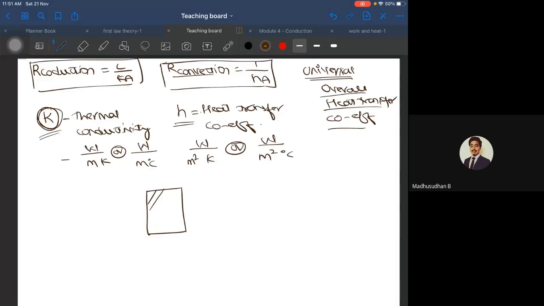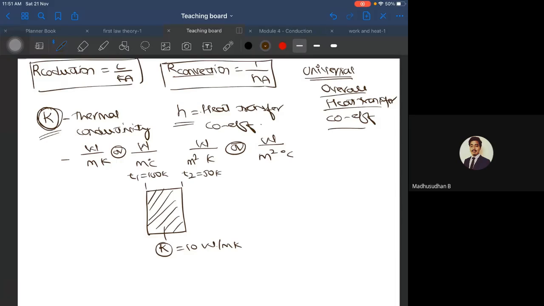Now, there is a slab or a material like this, a section of a material. This is at a temperature T1 equals 100. This is at a temperature T2 equals 50. And I define K of this material to be 10 watt per meter Kelvin. So let us assume both of these are in Kelvin.